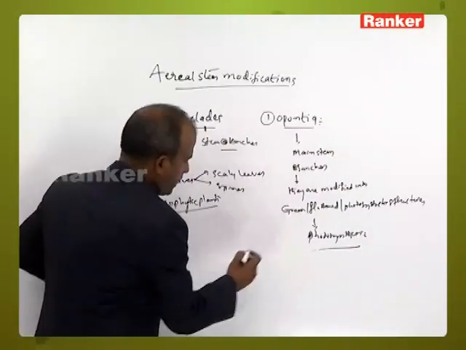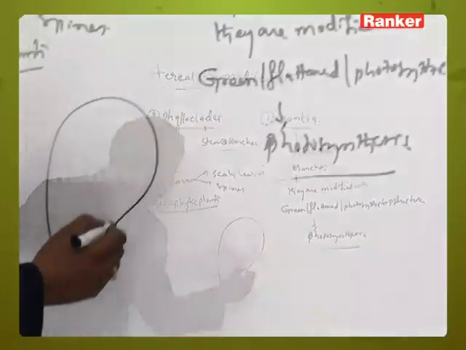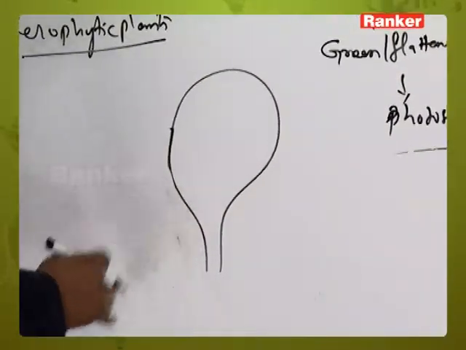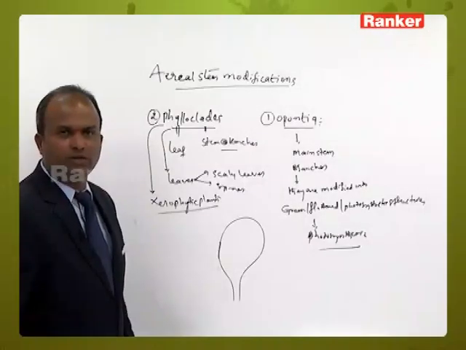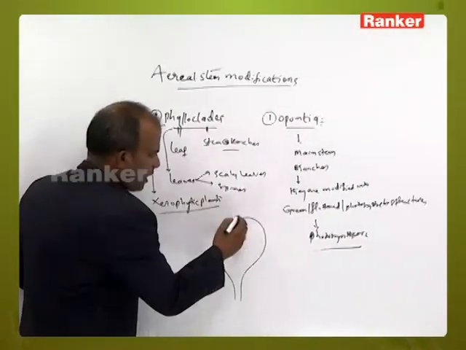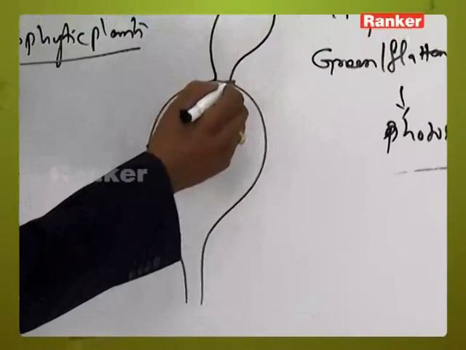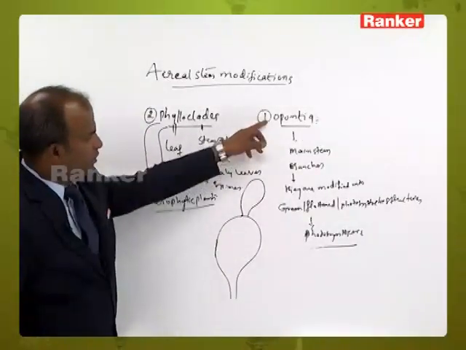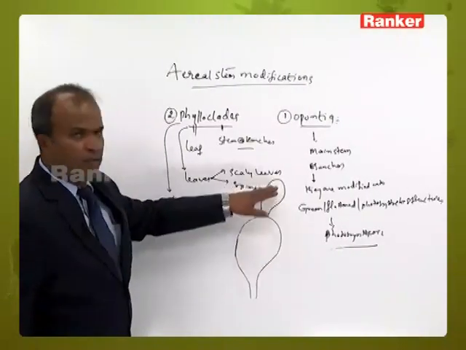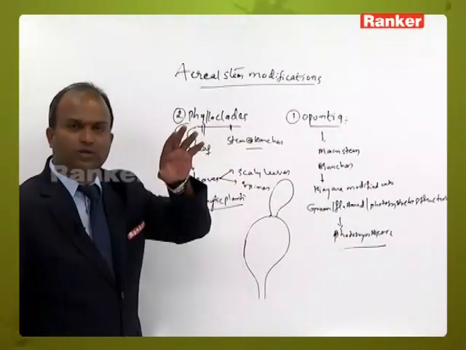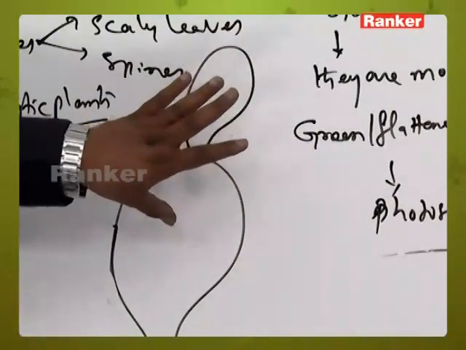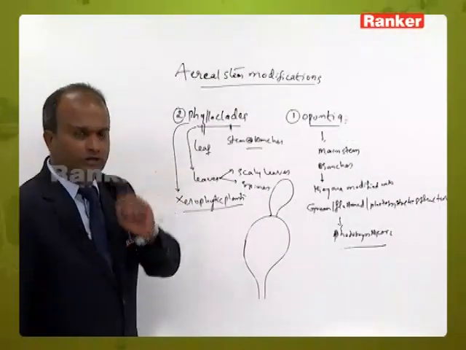See here, this is the diagram belonging to Opuntia. Its branches also store food material. The main stem and branches are green flattened structures where they can perform photosynthesis.